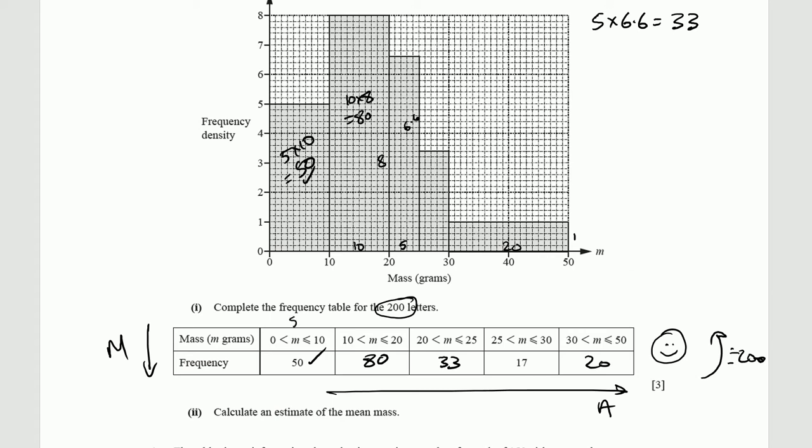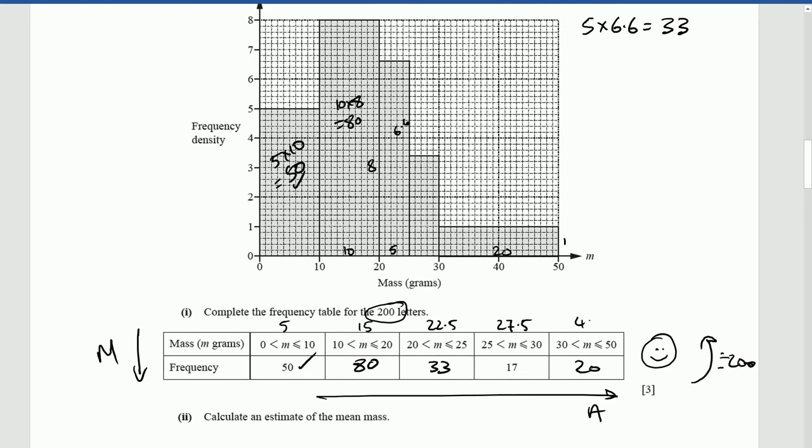Between 0 and 10 it's 5, 10 to 20 is 15, 20 to 25 is 22.5, 27.5 for the next one, and finally 40 over here. So 5 times 50, 15 times 80, 22.5 times 33, 27.5 times 17, 40 times 20, add those up and divide by 200. Now I'm going to do that quickly on my calculator so we know what the right answer is, and then we can move on.